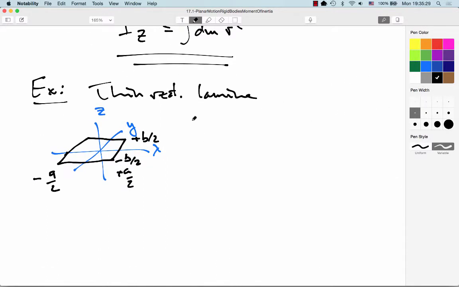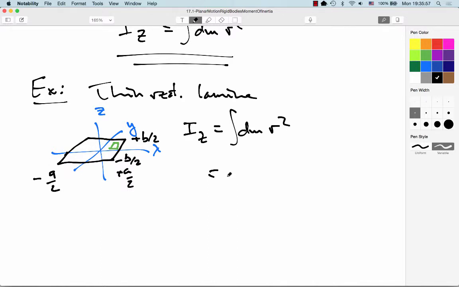All right, so let's go ahead and compute our moment of inertia. So this will be the integral of dm r squared. Now this dm is going to become sigma dx dy, because that's what we get when we pull out some little differential of area. dA will be of width dx and length dy.